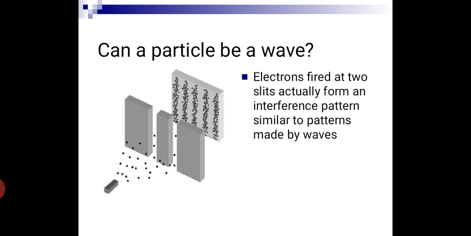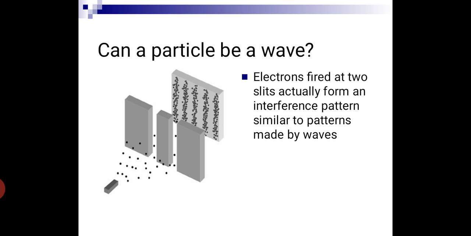This was demonstrated by an experiment. Electrons fired at two slits actually form an interference pattern similar to pattern made by waves. Means electrons show the same pattern as shown by the waves. Electrons being particles showing the wave pattern means waves are associated with electrons also.